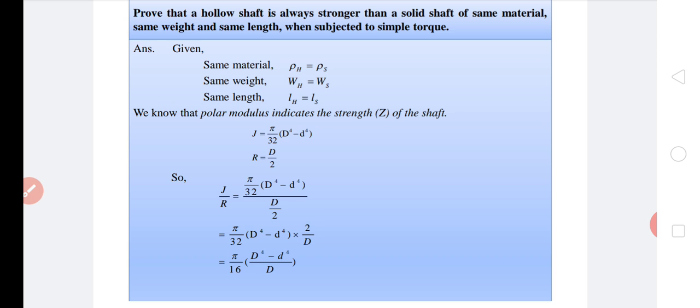So J upon R gives pi upon 16 into capital D to the power 4 minus small d to the power 4 upon capital D. Here capital D is the outer diameter of the hollow shaft, and small d is the inner diameter.